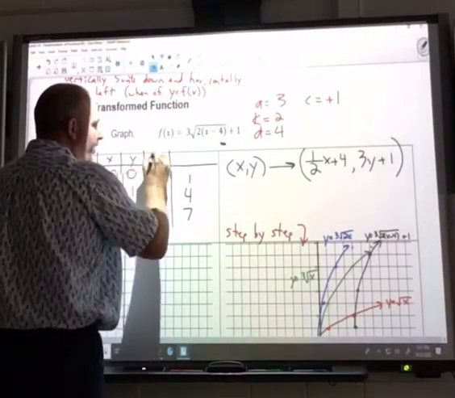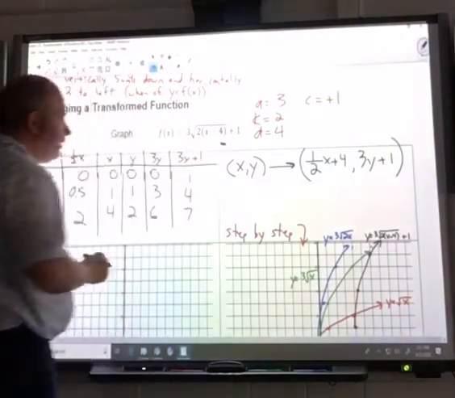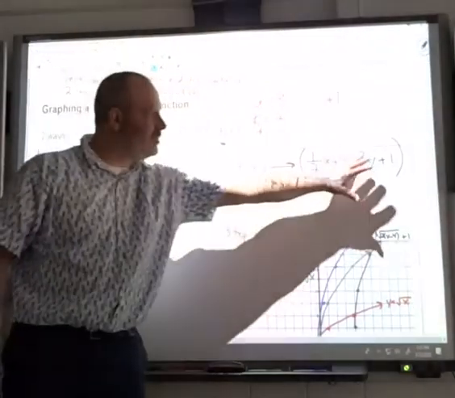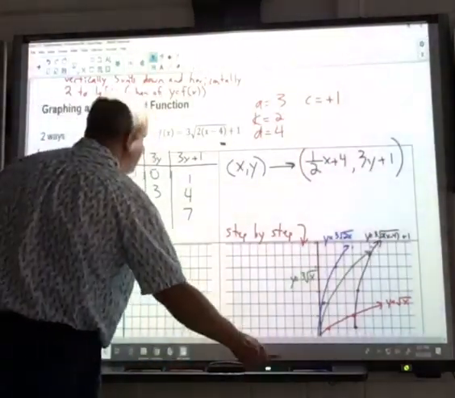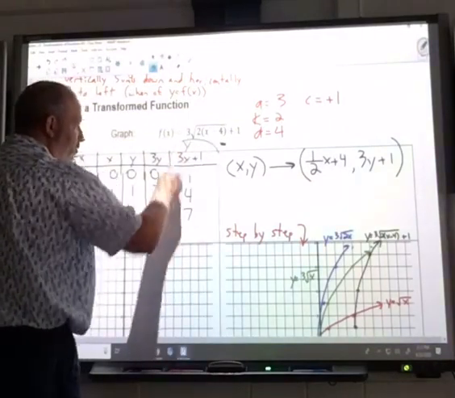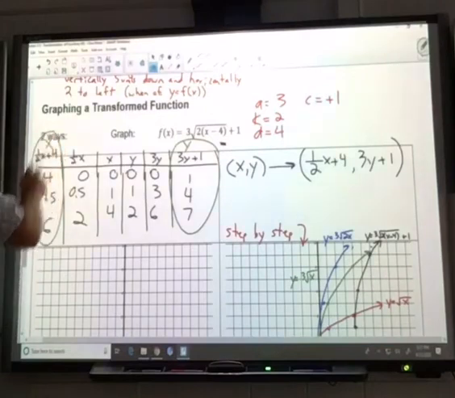And this is going to be 3y, and then this is going to be 3y plus 1. And then that way it's more in tune with the formula. And so the 3y plus 1 is the y part of the coordinate, and then the x part of the coordinate is right here.